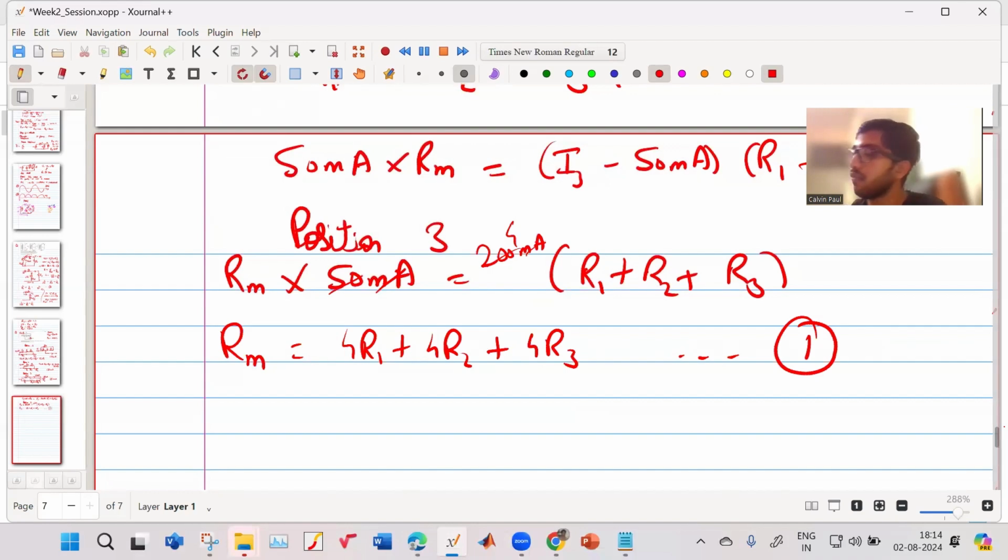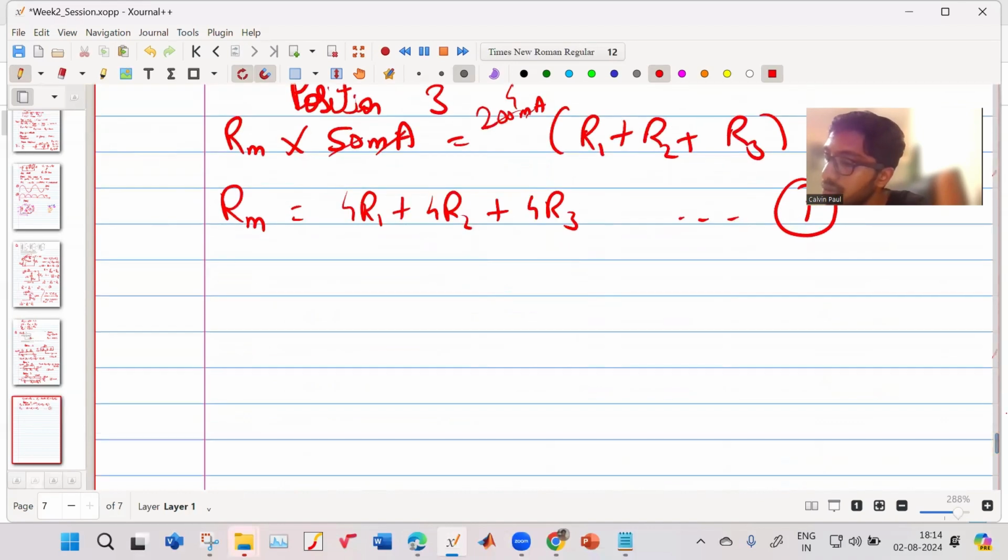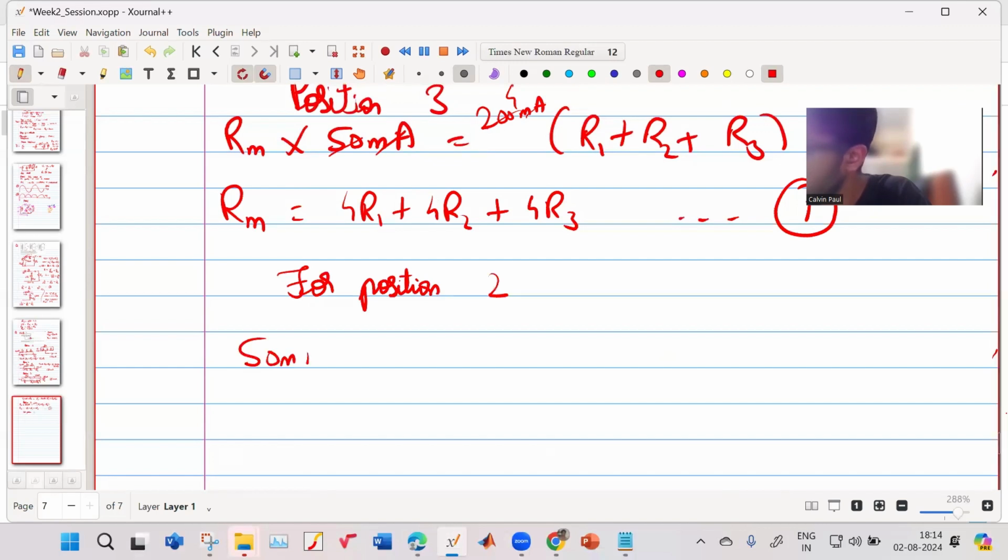Okay. Now for position 2, we have 50 milliampere and this is rated for 1250 milliampere. So this current over here will be 1200 milliampere. So now let us consider position 2: 50 milliampere into Rm plus R3 is equal to 1250 milliampere into R1 plus R2.